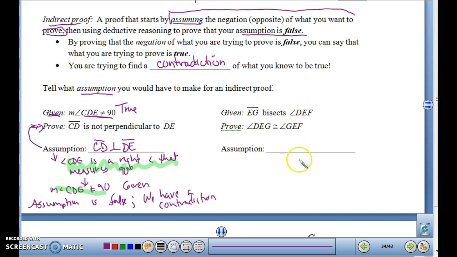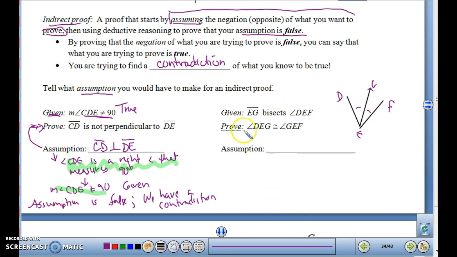All right, let's take a look at this one. EG bisects angle DEF, and we want to prove that angle DEG is congruent to GEF. We kind of know that's true, but let me draw a quick picture here. Here is angle DEF, and then I have EG, which bisects it. That's my given.